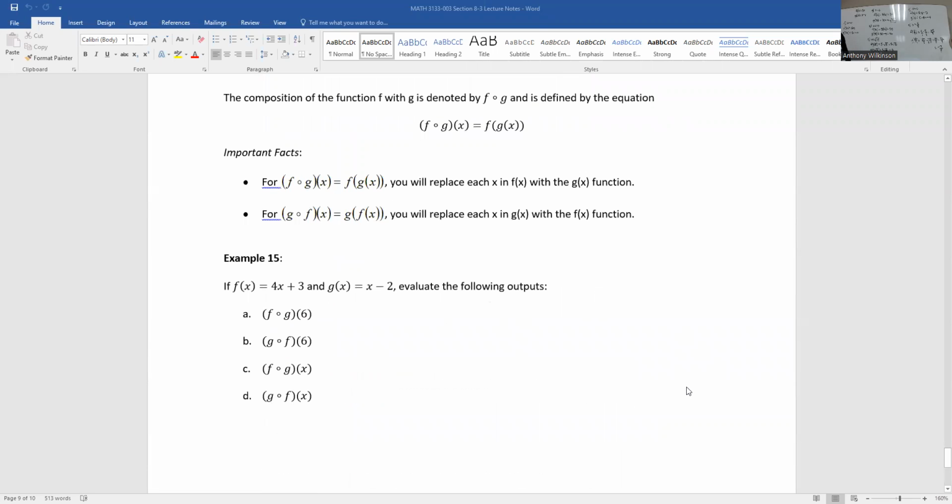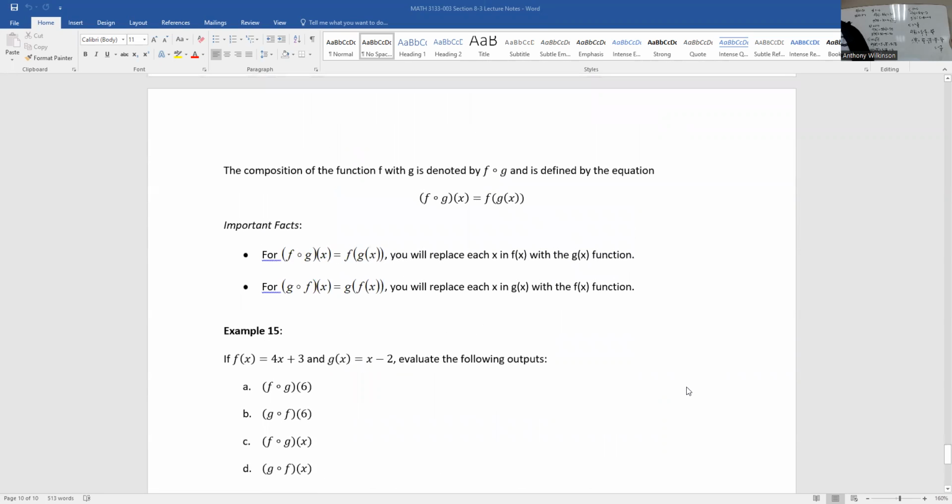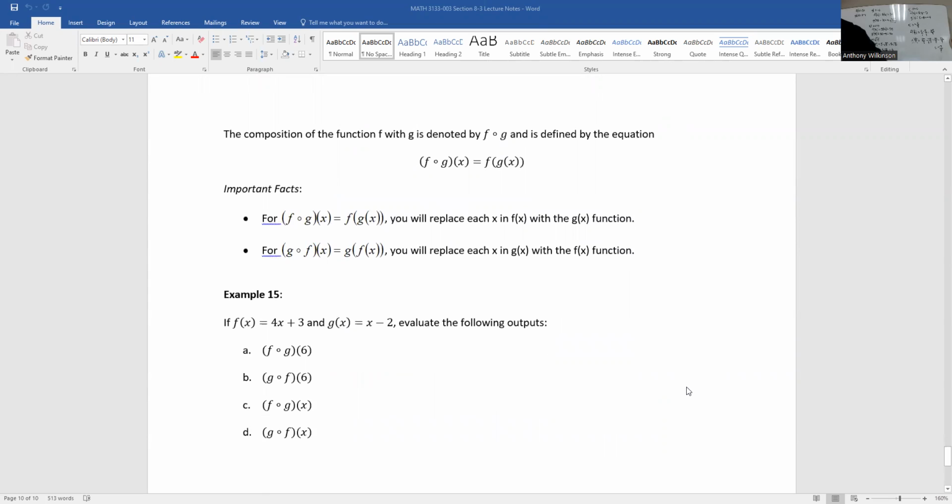Okay, now, this is in more detail for the composition of f with g. And this is how we write the composition of f with g. Sometimes it's read as f circle g. And that's going to be defined by this function. f circle g of x would be equivalent to f of g of x.